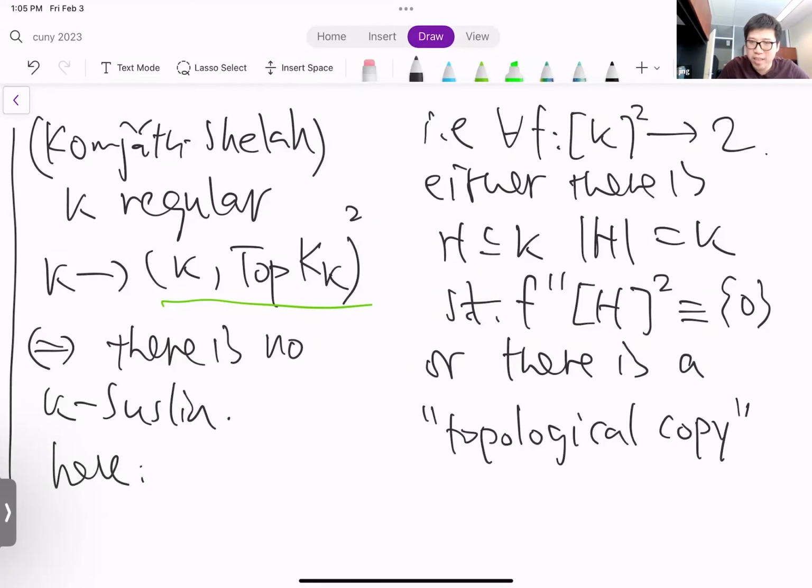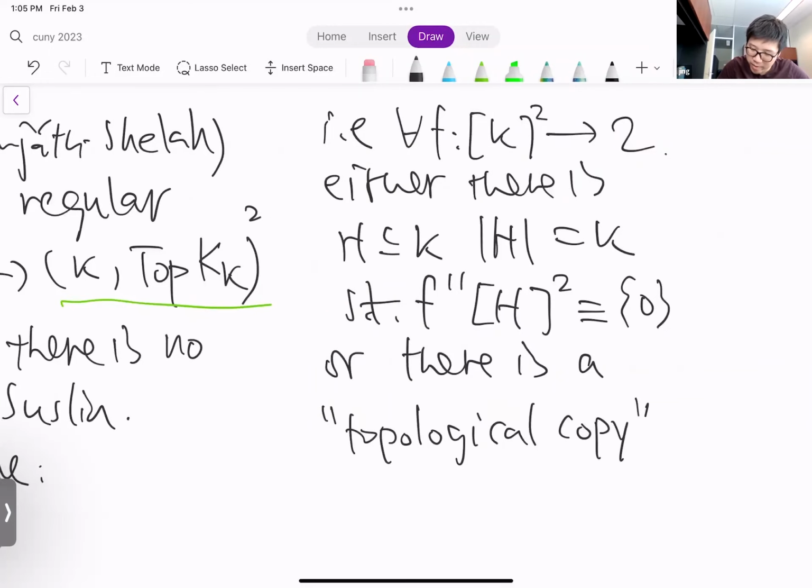I'll draw a graph, because if I try to write out the definition, I'm going to spend a lot of time.